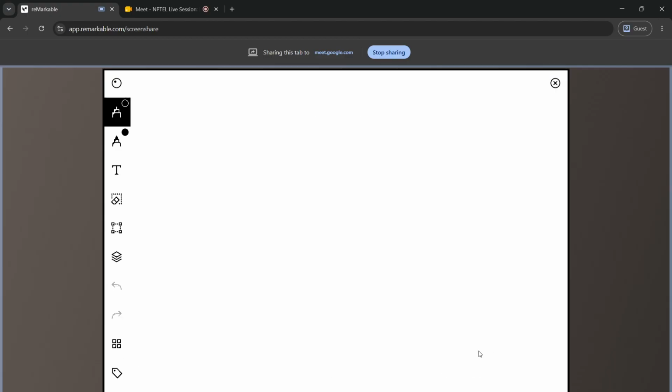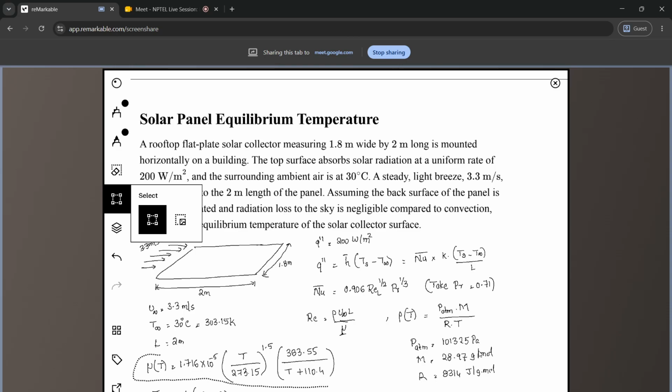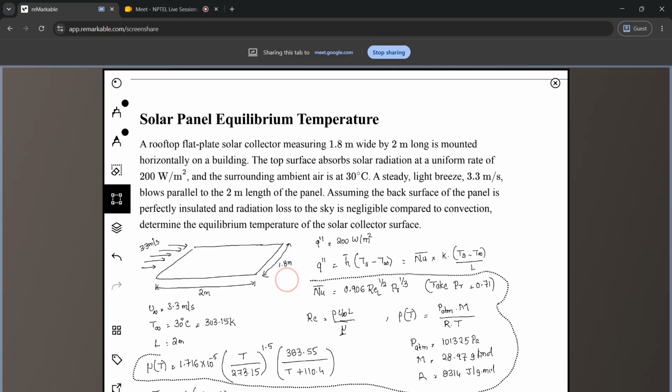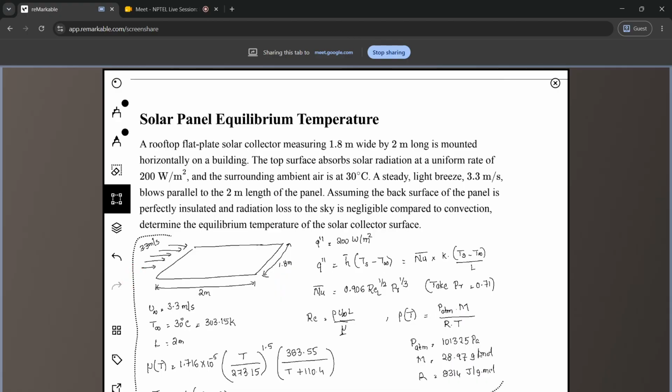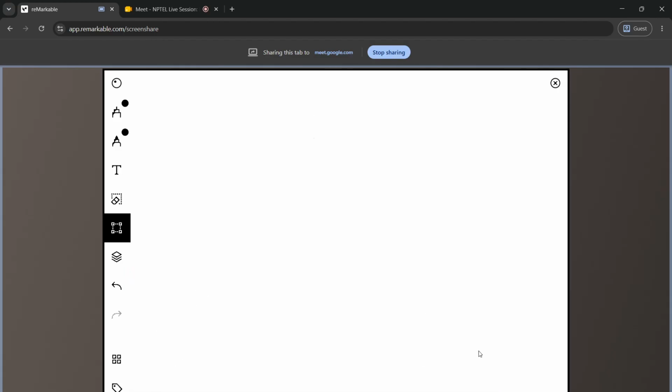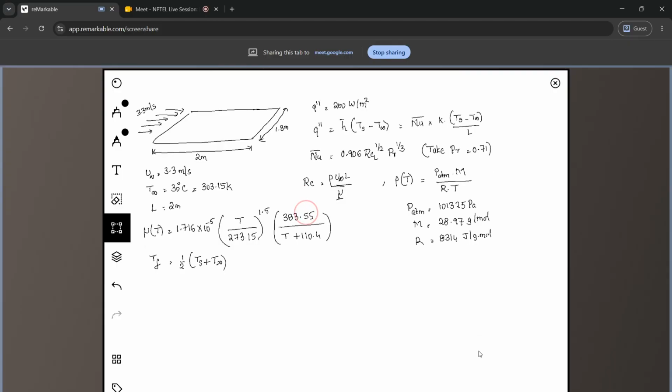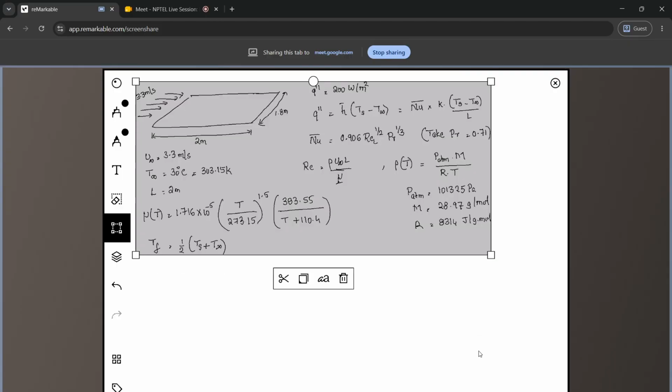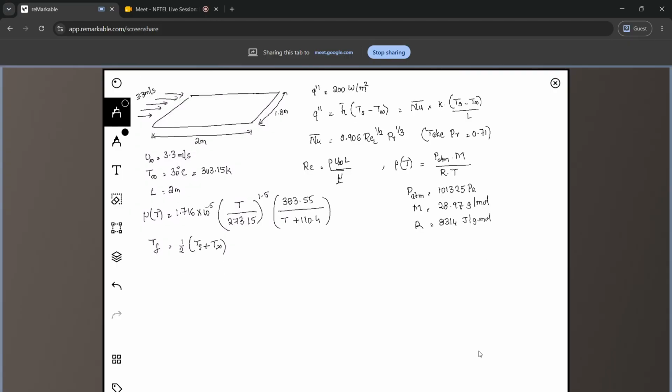So all you have to do, maybe I'll copy these equations here. We have the rho equation, the T equation, and the Nusselt number. First we have to assume a film temperature.